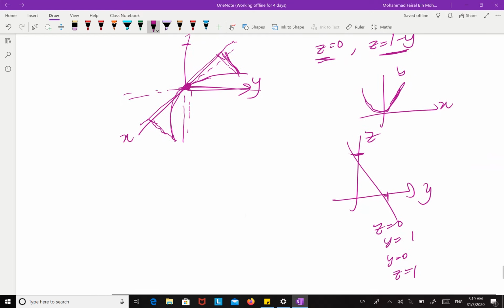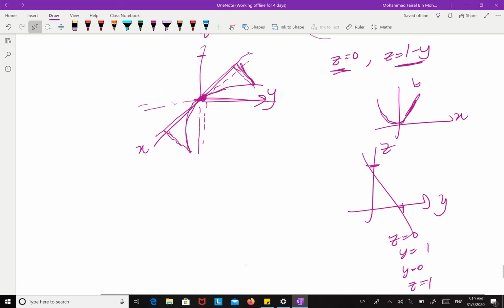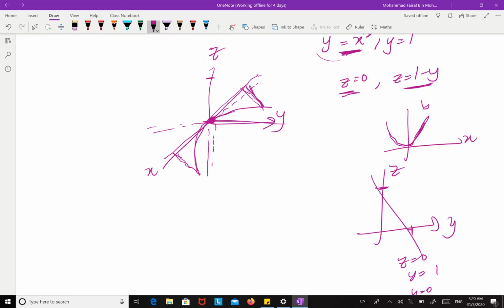Now your z is a slice of 1 and 1, 1 and 1 here, 1 and 1. So which means there will be a plane here, and then you have another one projected.